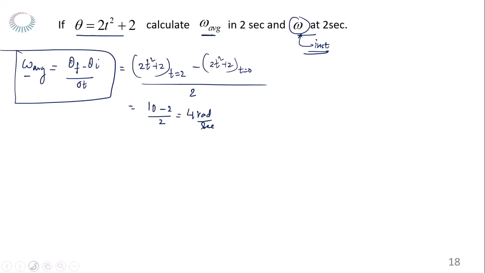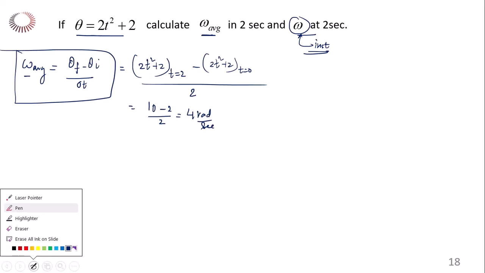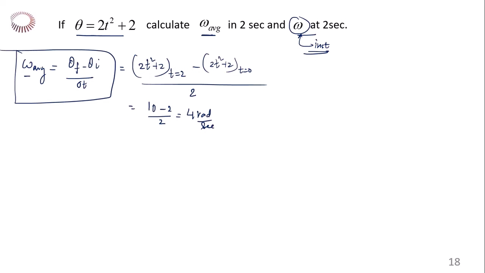Now, omega instantaneous: differentiate. Theta is given as 2t square plus 2, so d theta/dt will be the value of omega instantaneous. It equals 4t, so for t equals 2 seconds, it will be 8 radian per second.